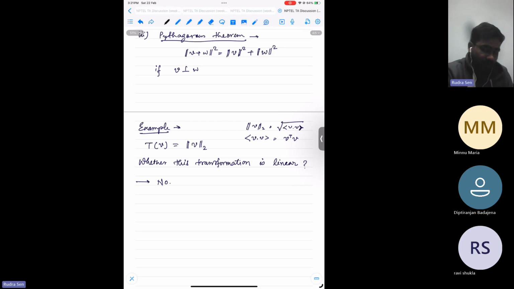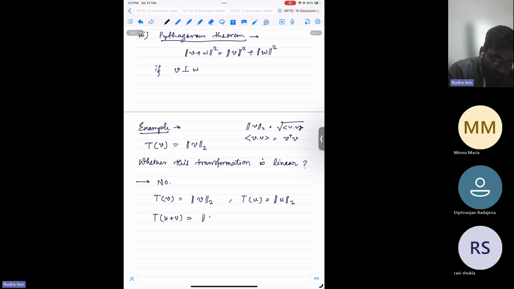Because according to linearity, T of V equals norm of V. Similarly, if I take another vector U, T of U is norm of U, and T of U plus V is equal to norm of U plus V, right? So this should not be equal to this, right?